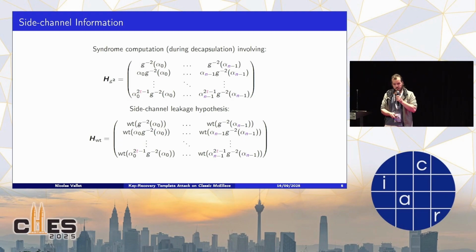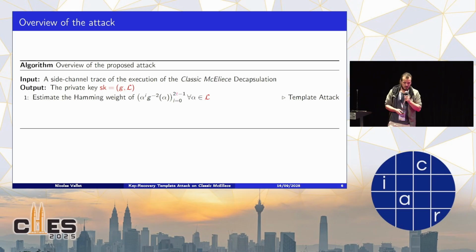Based on that assumption, we designed the following 4-step attack that takes as input a side channel trace of the execution of the Classic McEliece decapsulation, and starts by estimating the Hamming weight of the coefficients of HG2.